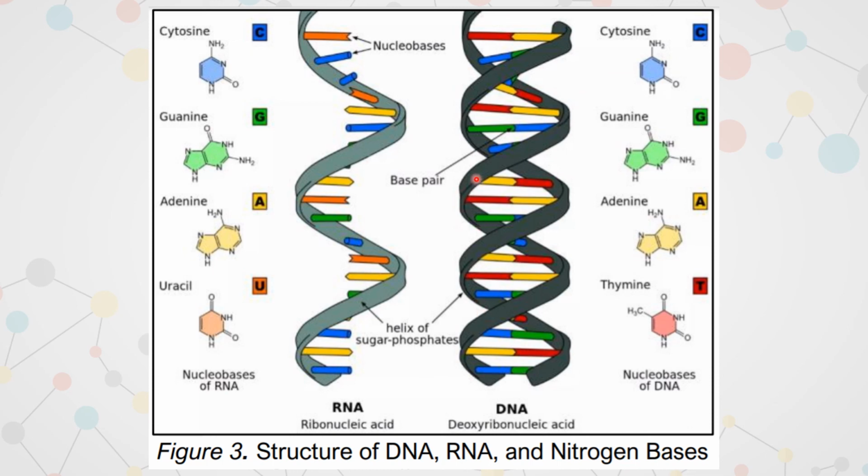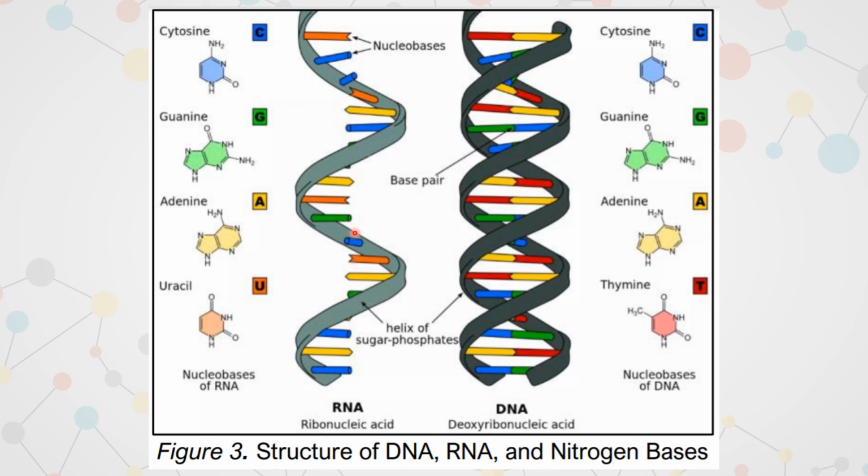Etong green na yan, that's what we call the pentose sugar tsaka phosphate group. Tapos yung mga nakahilera na yan, that's the nitrogenous bases. So this is the RNA. It has the phosphate group at saka pentose sugar or the sugar group, deoxyribose sugar.